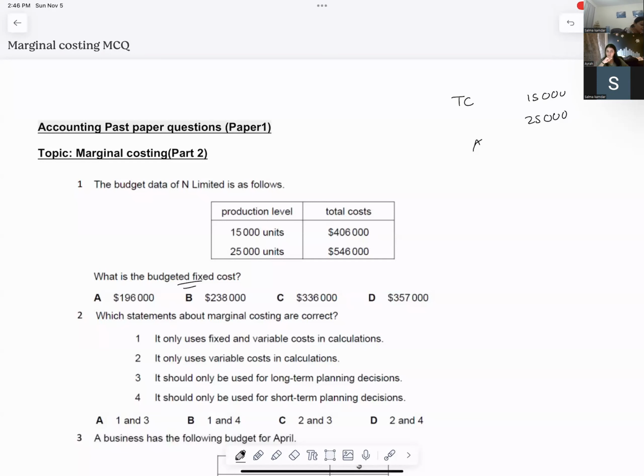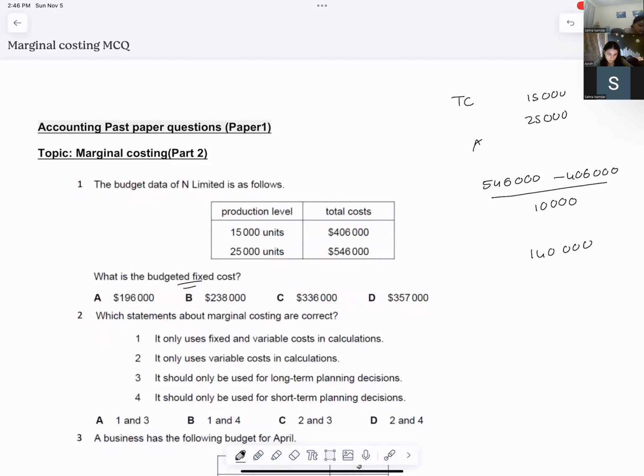So what you will do is the difference in the cost. What is the difference in the cost? 546,000 minus 406,000. Difference in cost divided by the difference in units. The difference in units is 10,000. So the difference in cost divided by the difference in units gives you the variable cost that is included in the total cost.